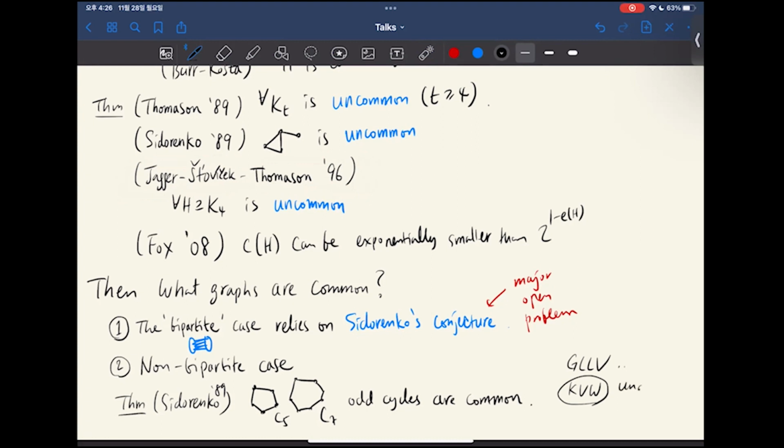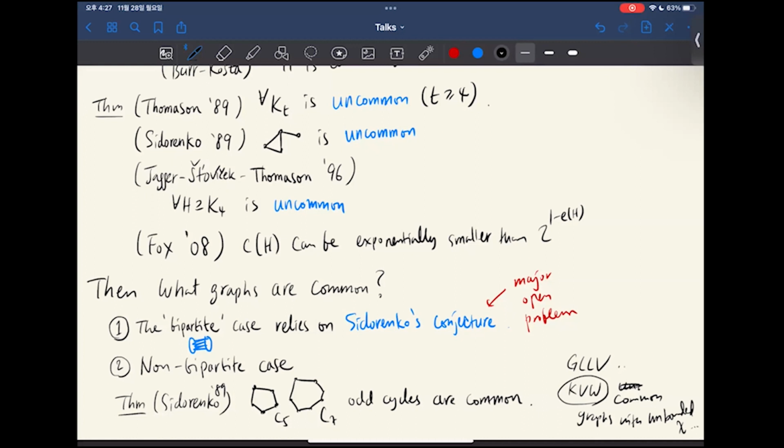They obtained common graphs with unbounded chromatic number.